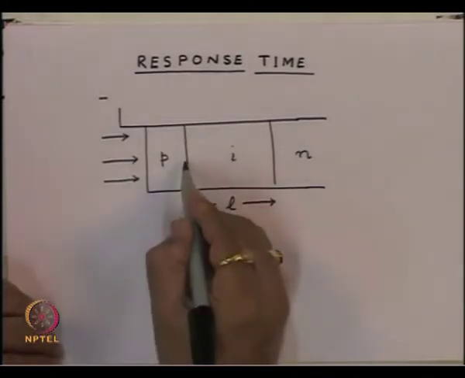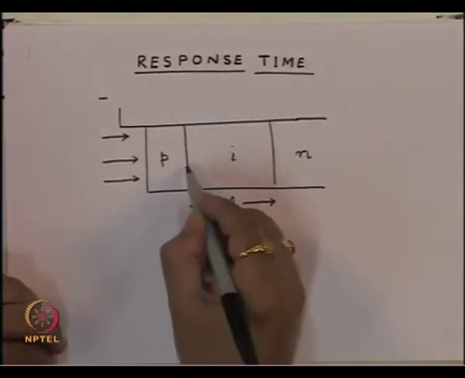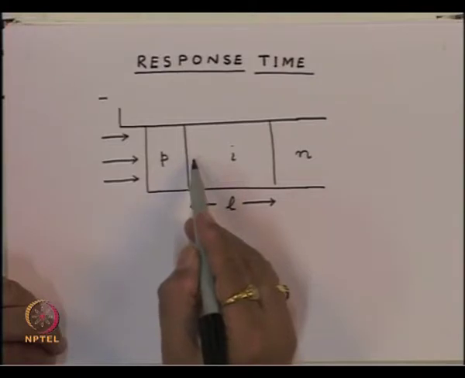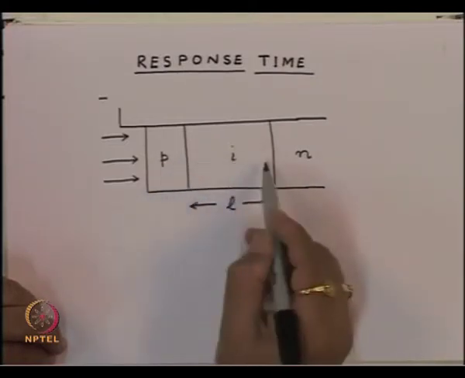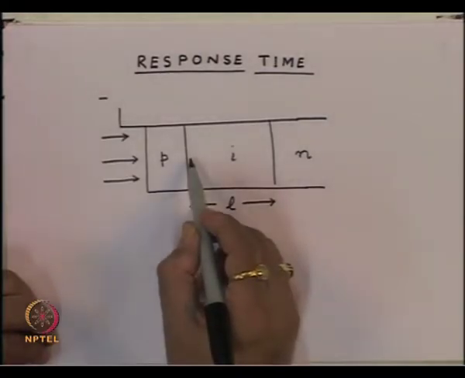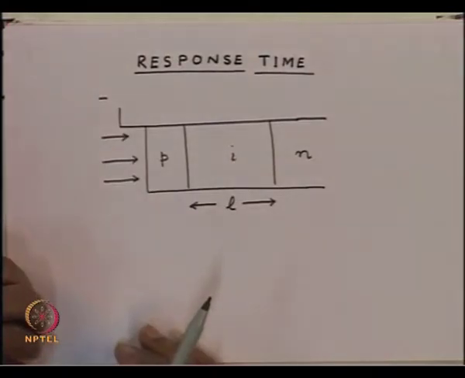So, initially when the carriers are injected across the junction, the velocity will very quickly increase in a very short distance, and most of the time the electron or hole, depending upon from which side the generation is taking place, will travel with the constant velocity inside this region.